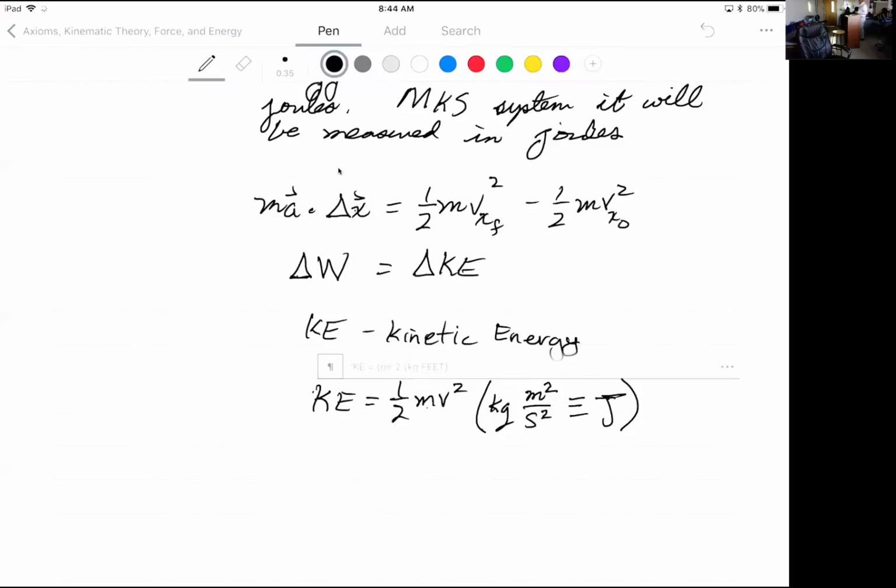So we have, this is called the work energy theorem. Work energy theorem. Delta W equaling delta KE.